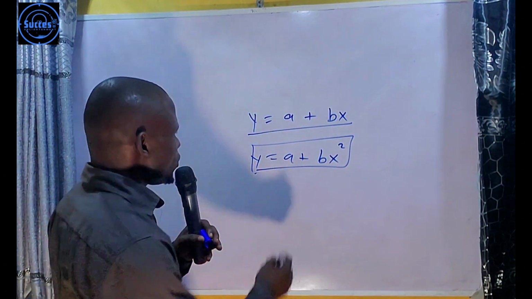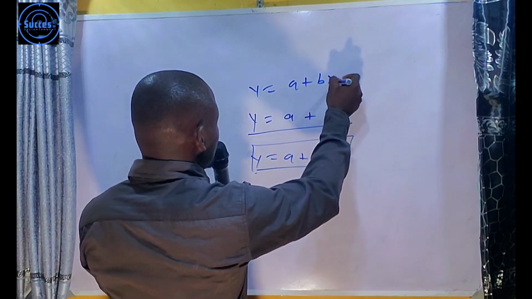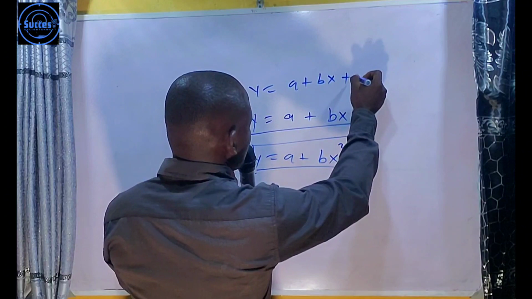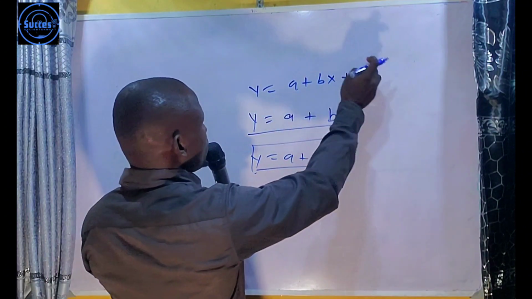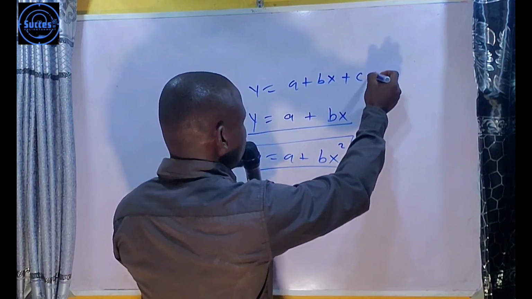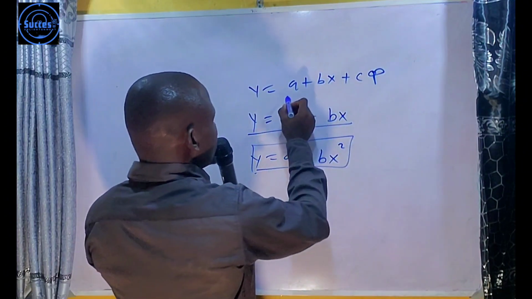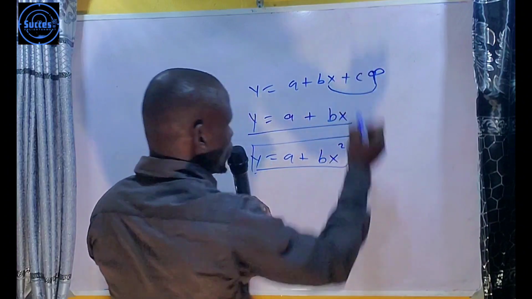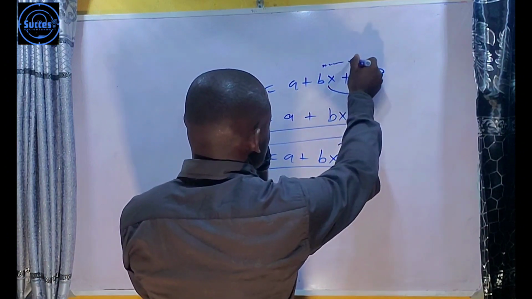When you have something like y equals a plus bx plus cp, here you have more than one independent variable. This is multiple regression analysis.